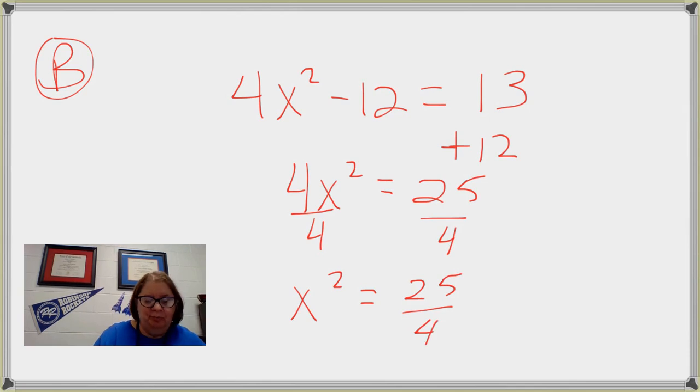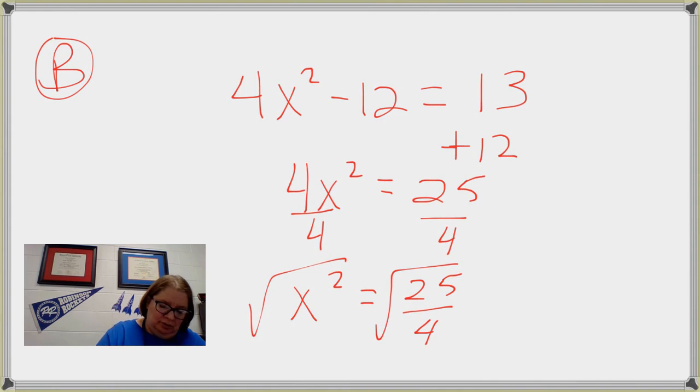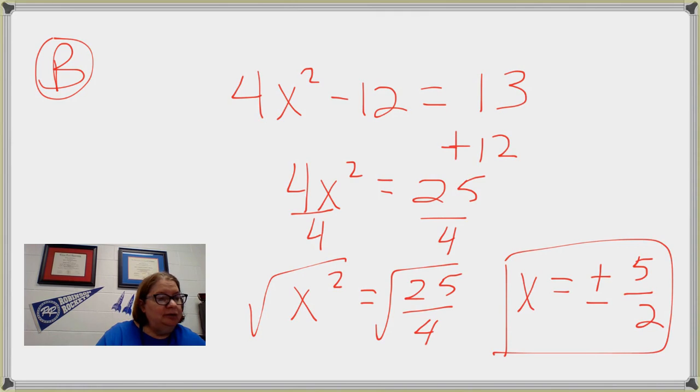Now, do you notice those are both perfect squares, 25 and 4? I would not change this to a decimal. I would leave it as a fraction. The next thing we're going to do is take the square root. So then I have x equals plus or minus 5 over 2, because the square root of 25 is 5 and the square root of 4 is 2. And there are your two answers.